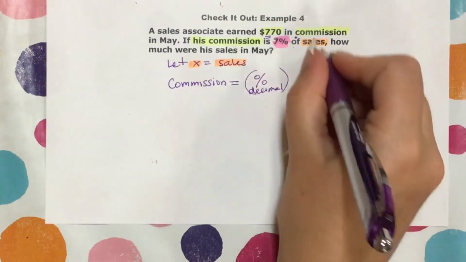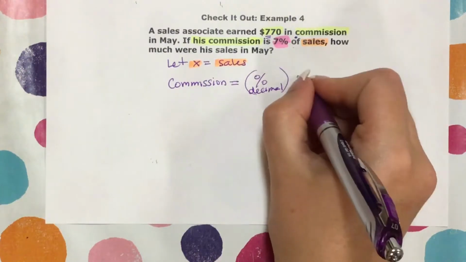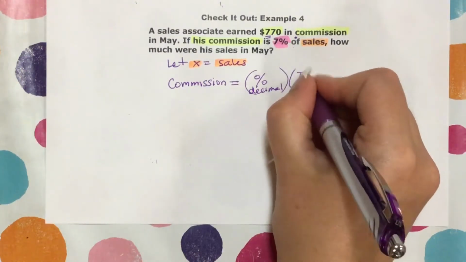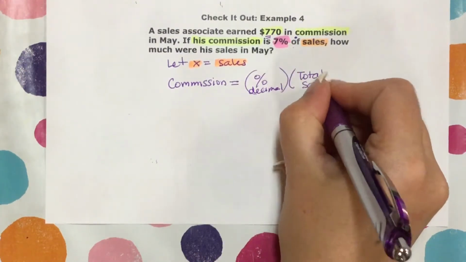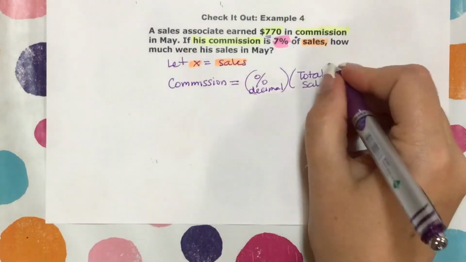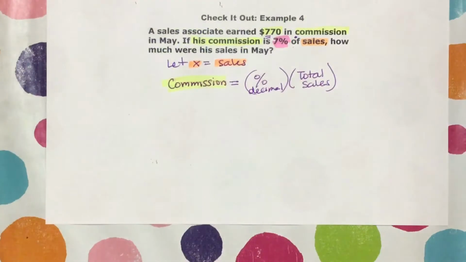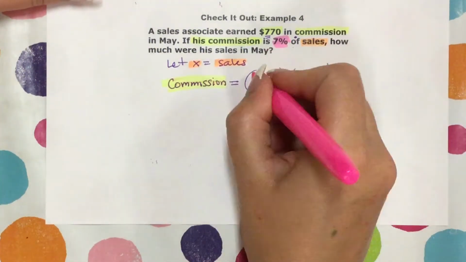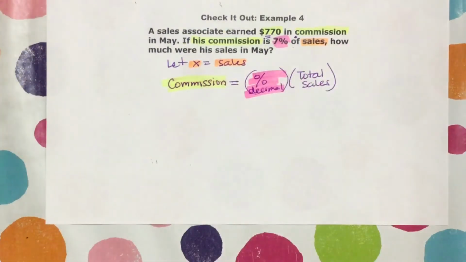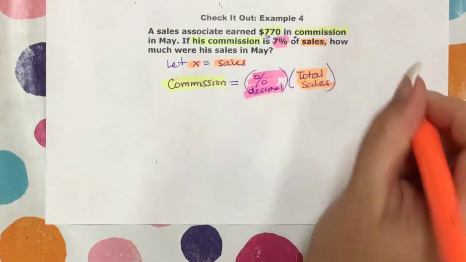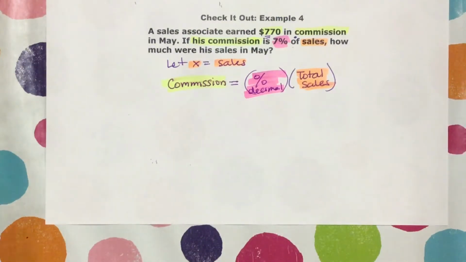Of means we're going to take that and multiply it by the total sales. So the commission, that is the yellow, the percent here is going to be 7% in the form of a decimal. And then the total sales is the thing we're trying to figure out, which is going to end up being X.